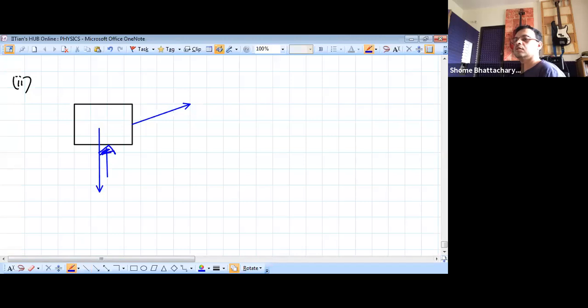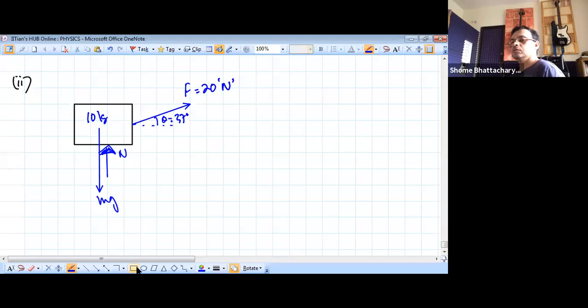Normal reaction, mg, and this external force, which is again at theta equal to 37 degrees. So this is 20 newtons, 10 kg mass.